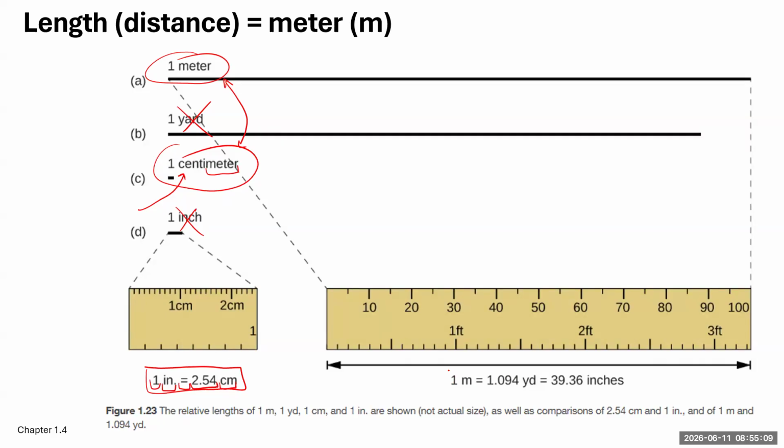We could do either one. It has a number, a unit, which is M for meter, an equal sign, another number, and another unit, right? So we can use those as conversion rates or conversion factors, right? So again, length is like a distance and it's measured in meters.